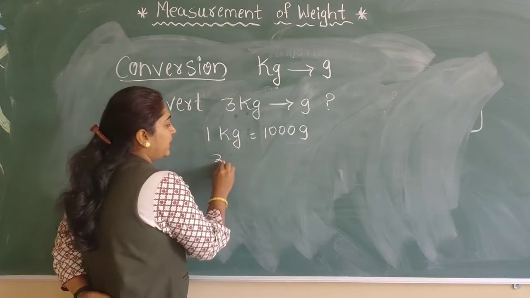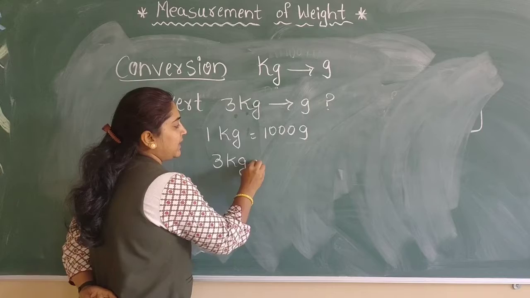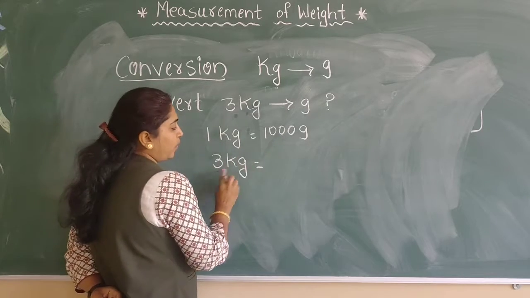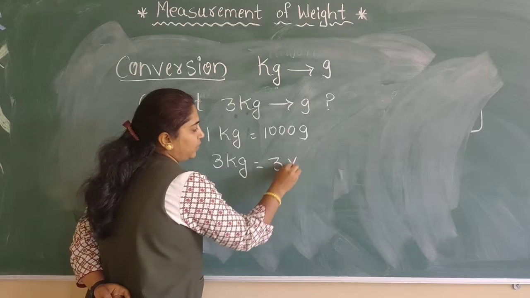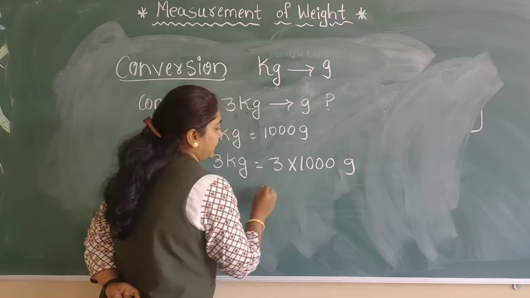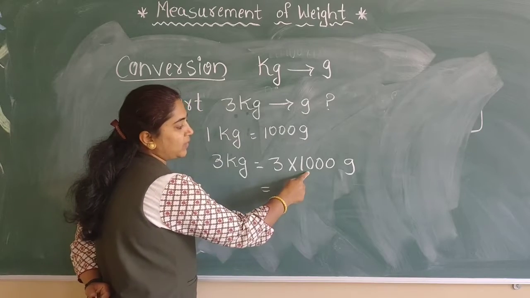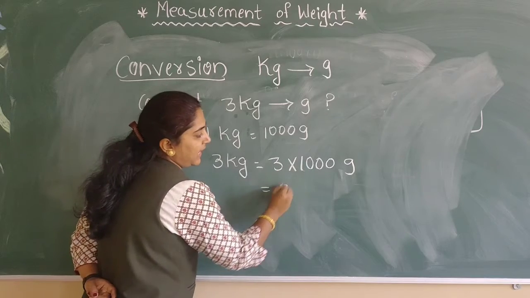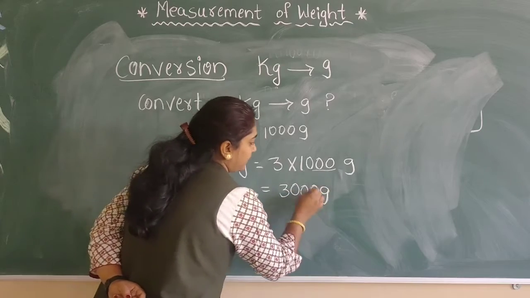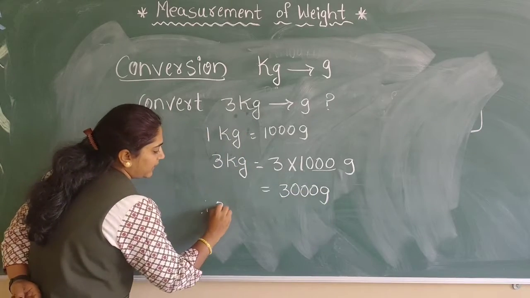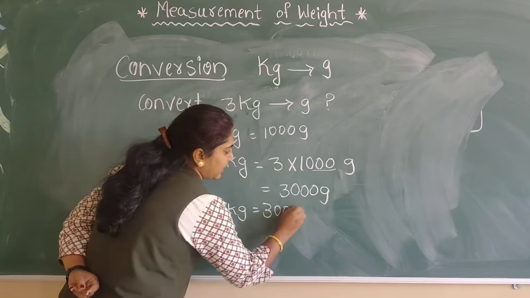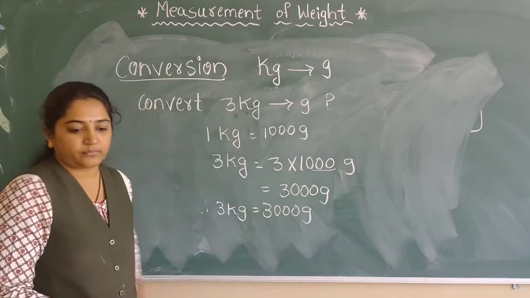So 3 kg is 3 into 1000 gram. That is nothing but 3 ones are 3 and the remaining zeros you write over here. Therefore 3 kg is equal to 3000 gram.